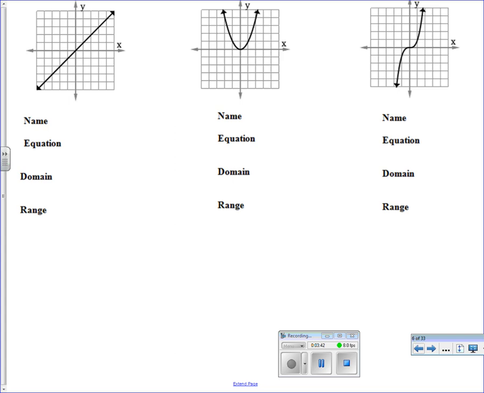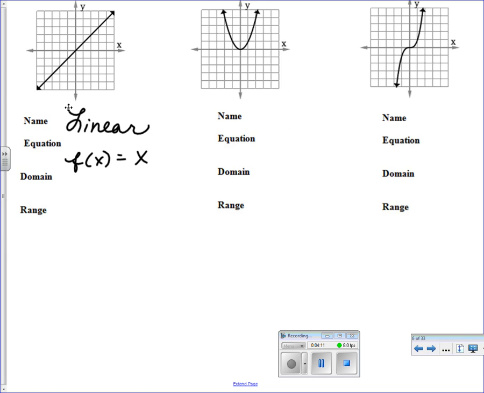So let's go back to this one. We knew it was linear, right? The equation was f of x is equal to x. Is there any value that I can put in for x that's going to make this not work? No, anything works. It's good to go.